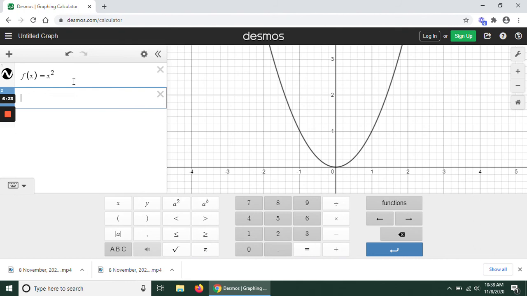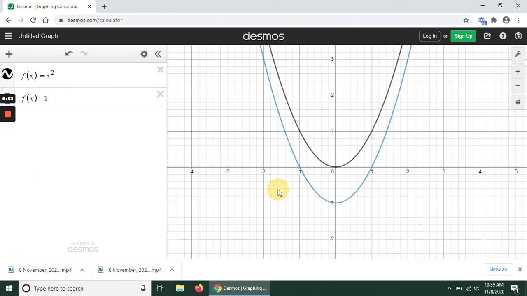f of x is equal to x squared. That is our original function. I'm going to apply -1 to the outside of the function. So f of x, and I'm going to apply -1 to the outside of the function. And notice we got the same new graph.